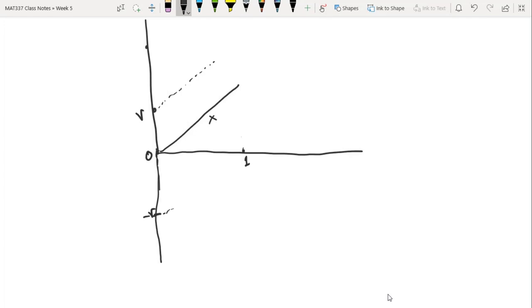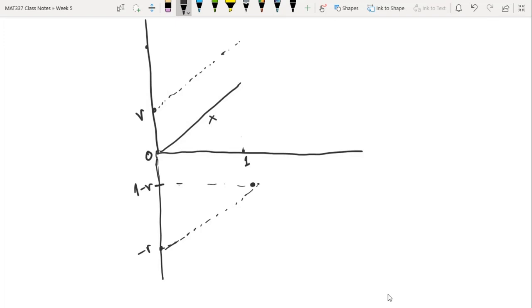Right. So let me do this carefully. So this is 1 minus r. This is minus r. And go up to here. All right.